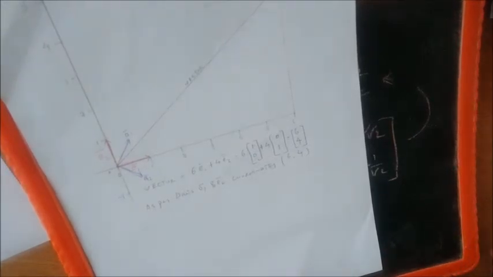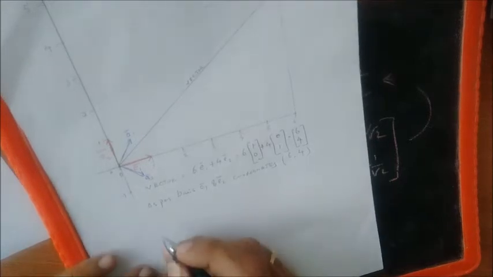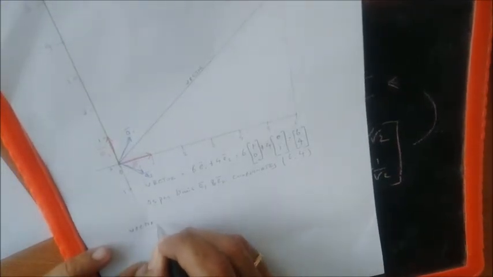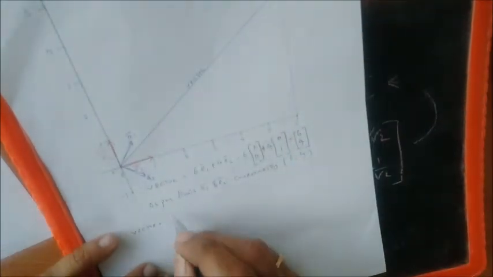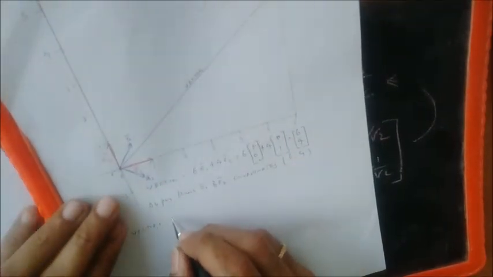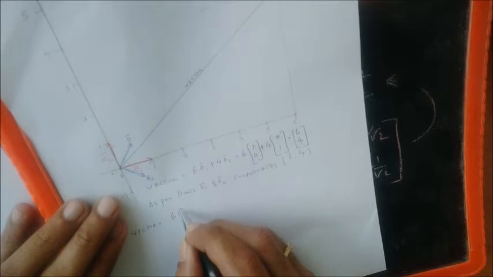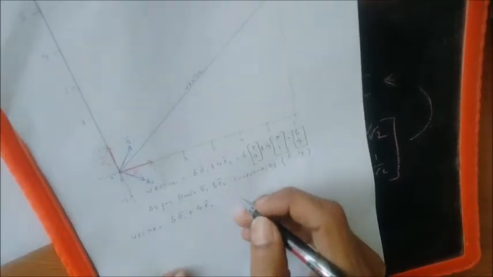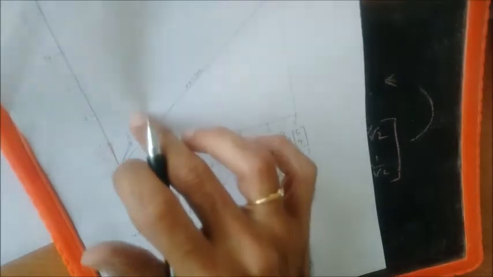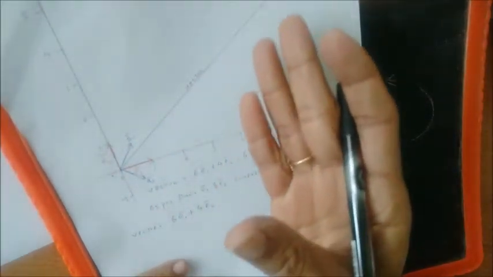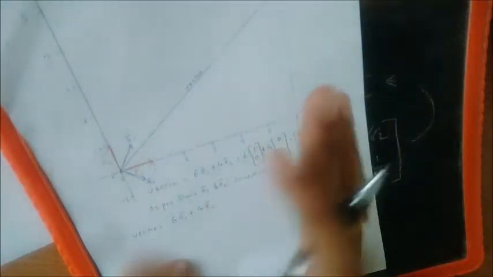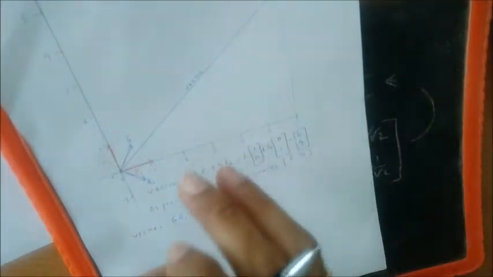I will write the vector. The vector is actually 6e1 plus 4e2. And when we change the basis, the vector should not change, because a vector is a concept which is independent of the basis. The vector is there as it is. Depending on the basis, its coordinates change.